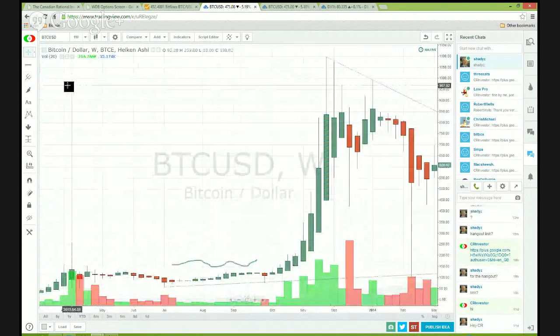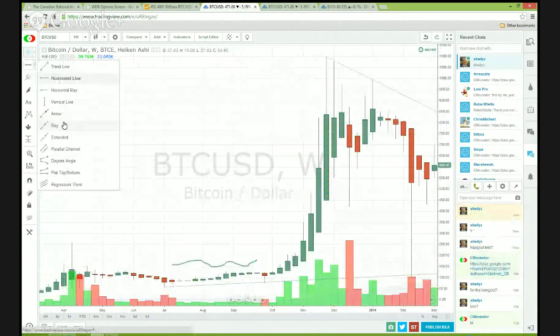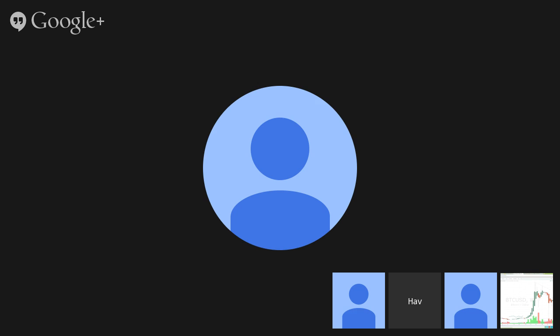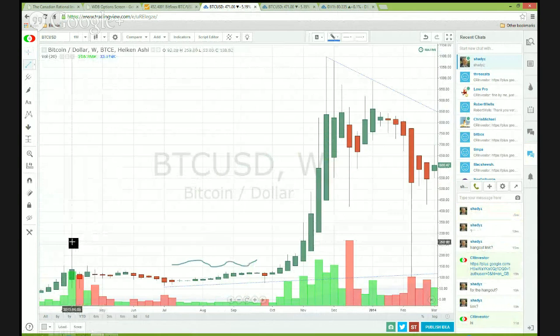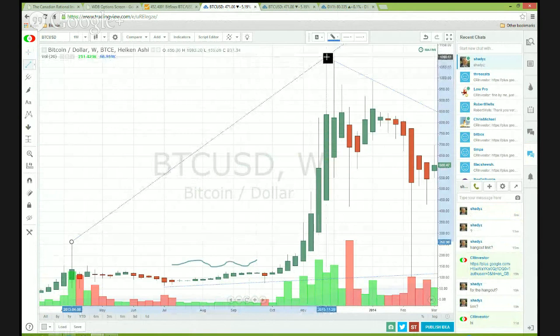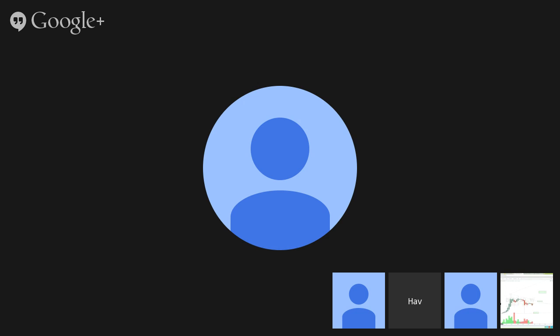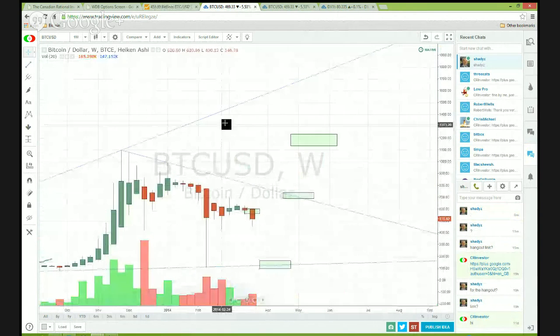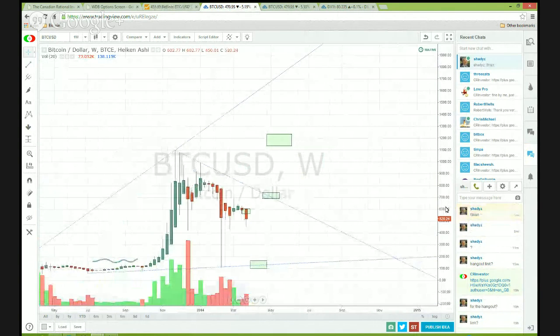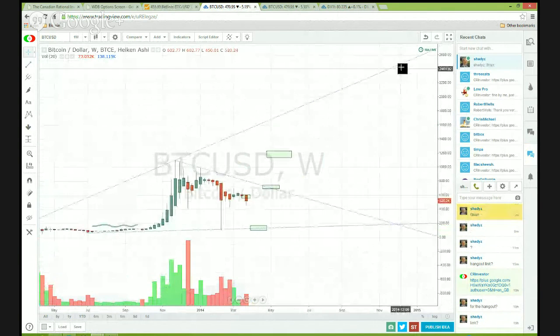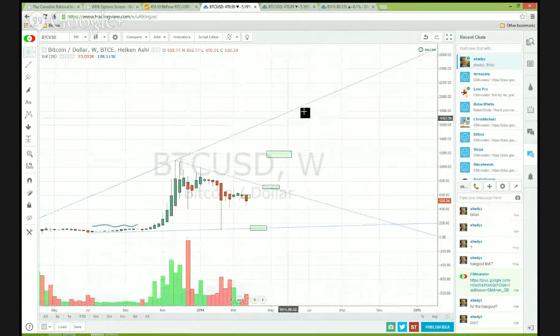You can make a trend line off of these peaks, and should we ever break out of this $1,000 high, you ready for an upside target? Our next stop is somewhere along this trend line. But you got to have deep pockets, and you got to have lots and lots of patience, right?